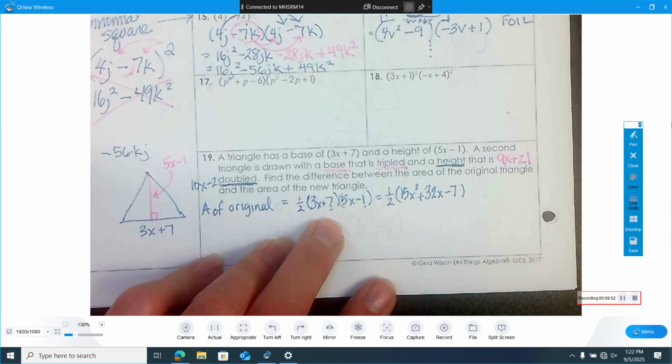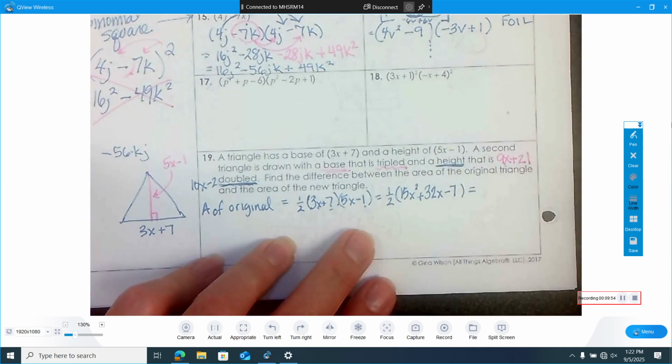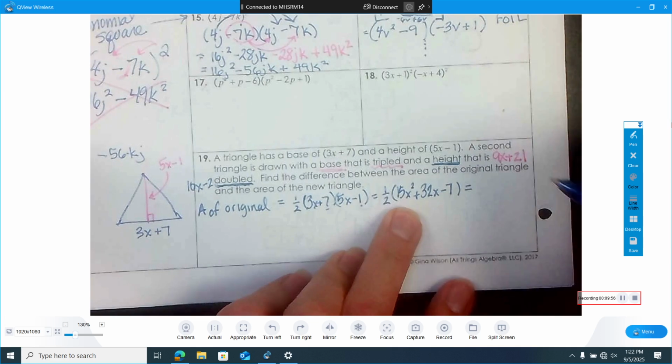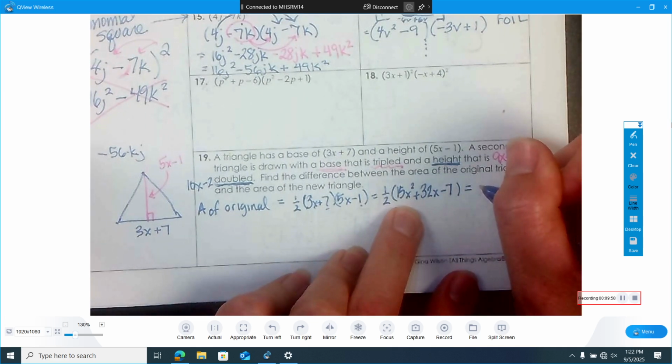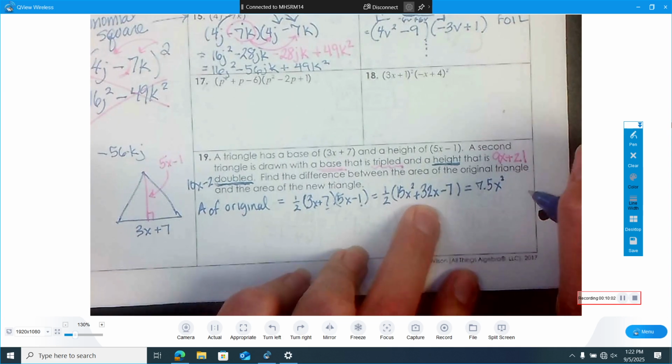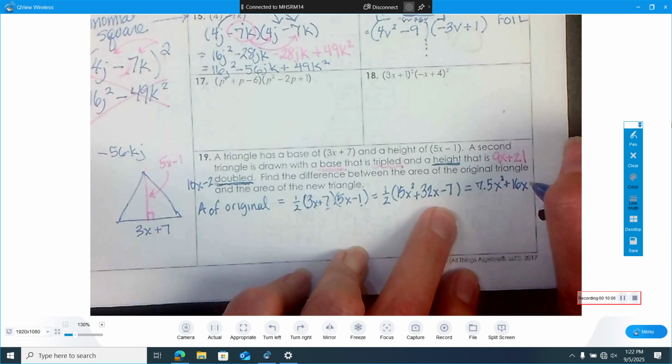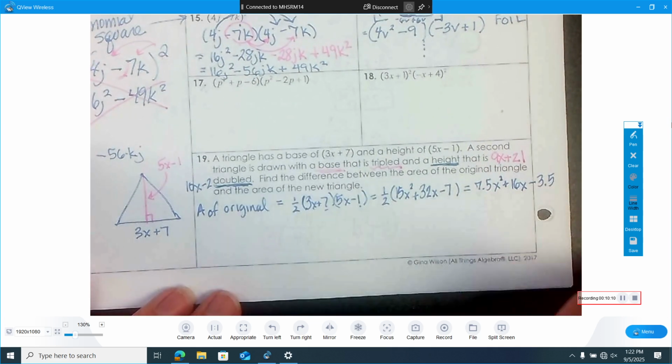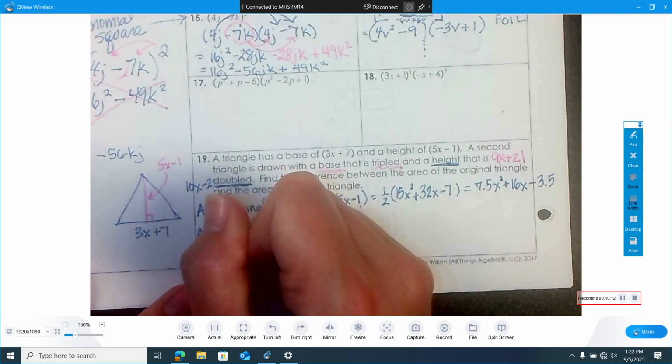All right, and then I need to go ahead and distribute in the 1/2. What's half of 15? 7.5 x's squared. What's half of 32? 16x. What's half of -7? -3.5.